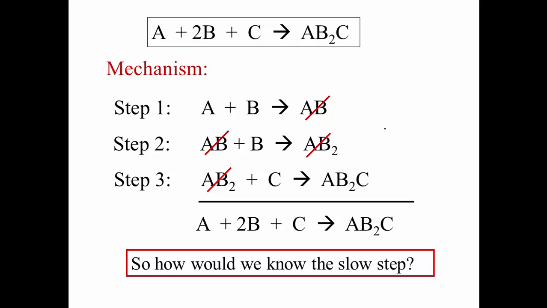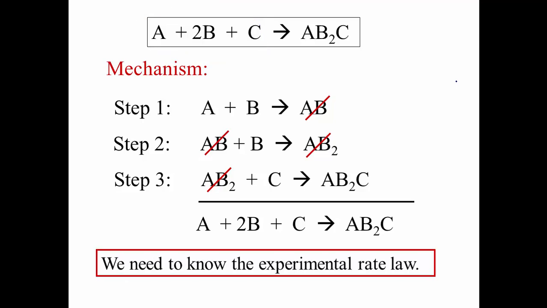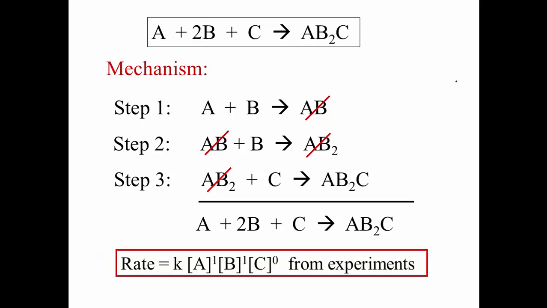And from that experiment, just like you learned in your last video, you have either the method of initial rates or the integrated rate law that gives you an experimental rate law. So you have to run an experiment for this reaction to figure out the experimental rate law. So if we don't know the rate law, we cannot figure out the slow step.